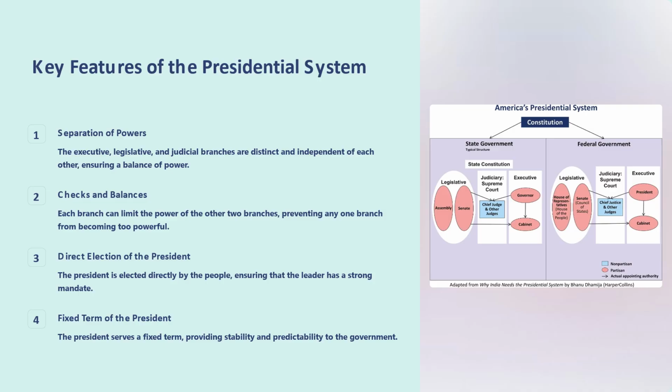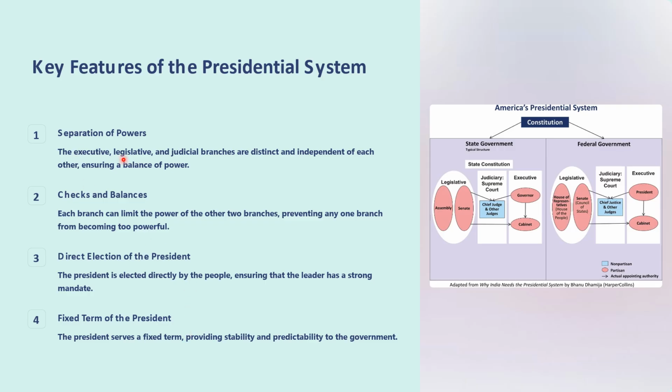Key features of the presidential system. The presidential system has several key features including separation of powers, checks and balances, direct election of the president, fixed term of the president.